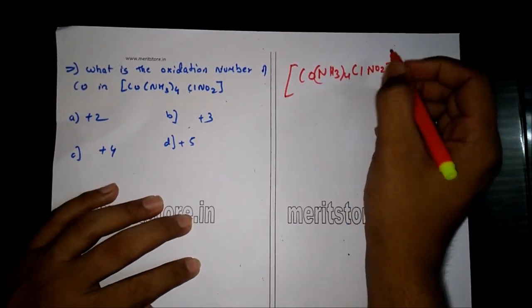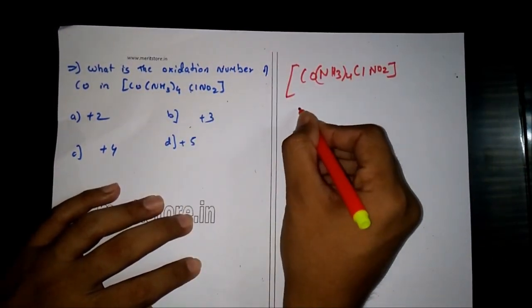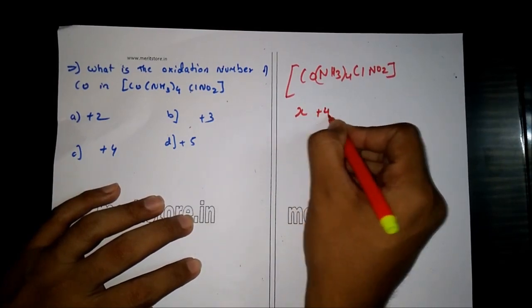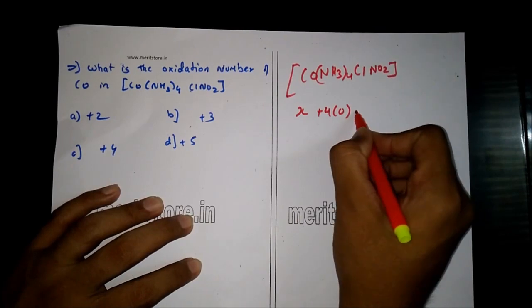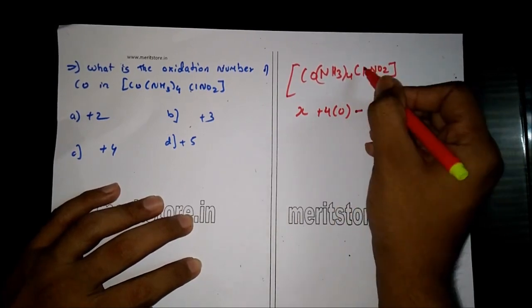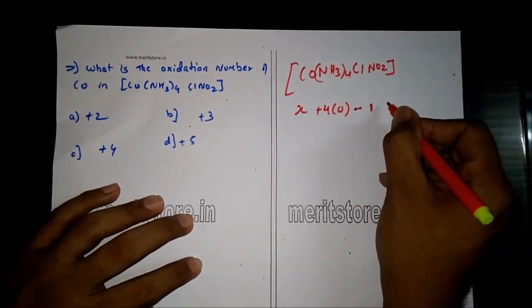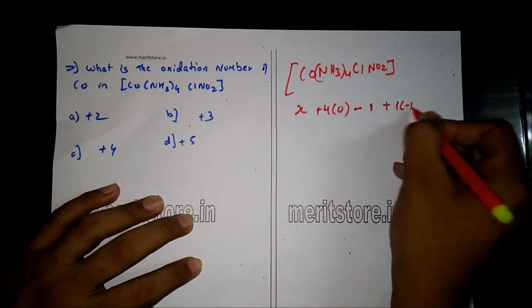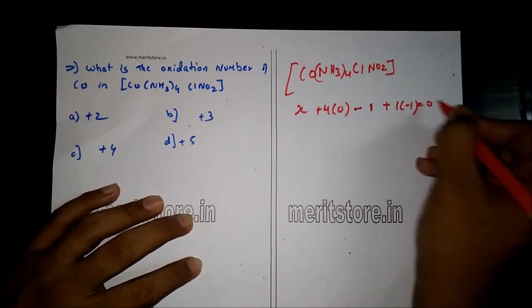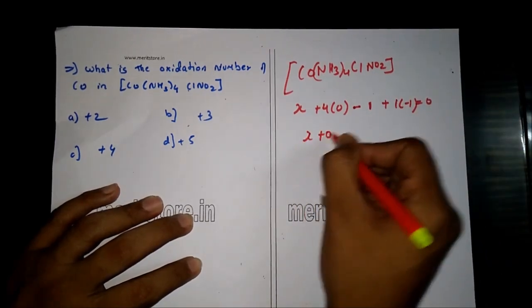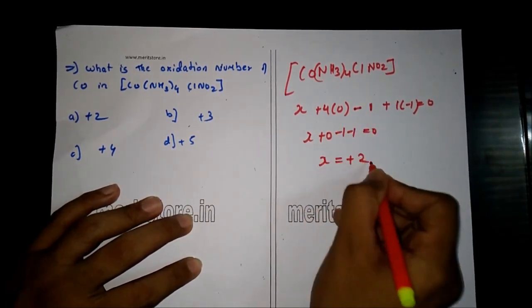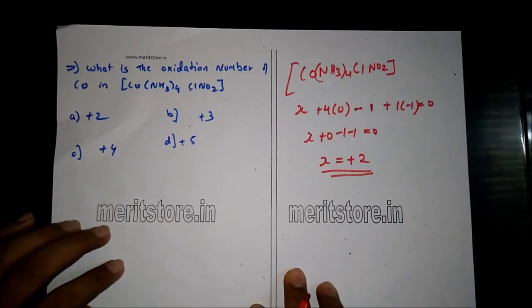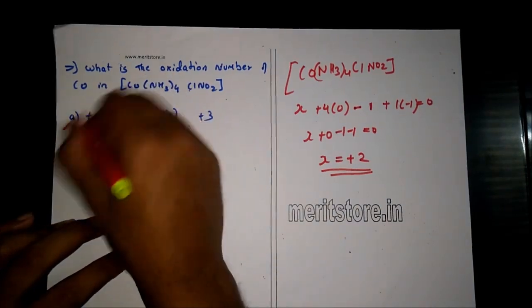Now let the oxidation number of Co be X. Therefore, X plus 4 into 0, since NH3 has an oxidation state of 0, minus 1, the oxidation number of chlorine is minus 1, plus 1 into minus 1 equal to 0. Therefore, X plus 0 minus 1 equal to 0, and X will be equal to plus 2. Therefore, here the correct answer is A, plus 2.